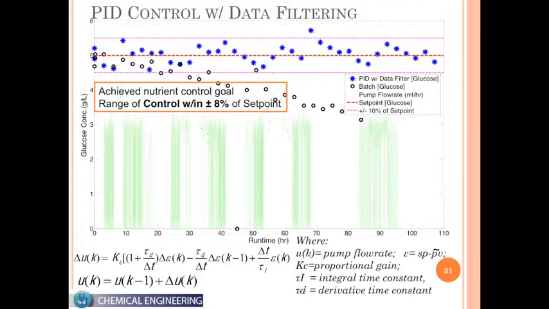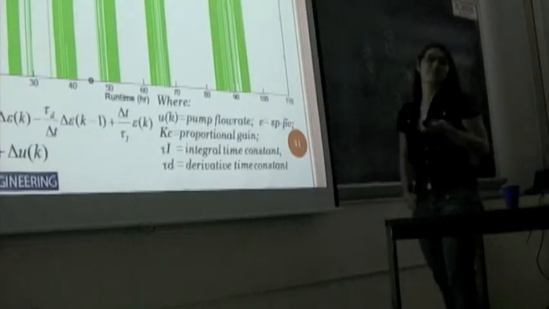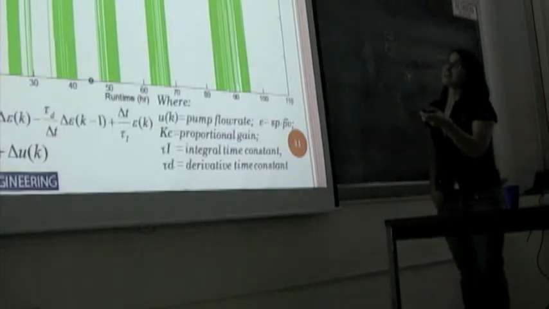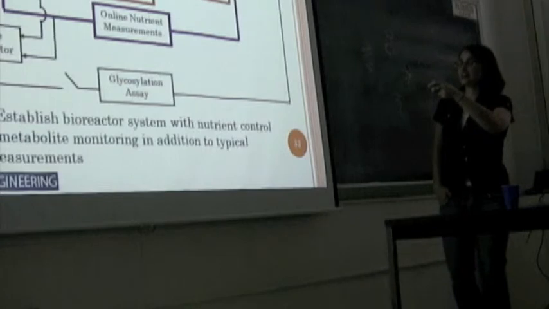And so you can see that by implementing this PID controller, we also implemented a data filter, which basically just smooths out noise from our bioanalyzer, and we were able to maintain our glucose within 8% of our set point. So with that, we were able to maintain our nutrient control.